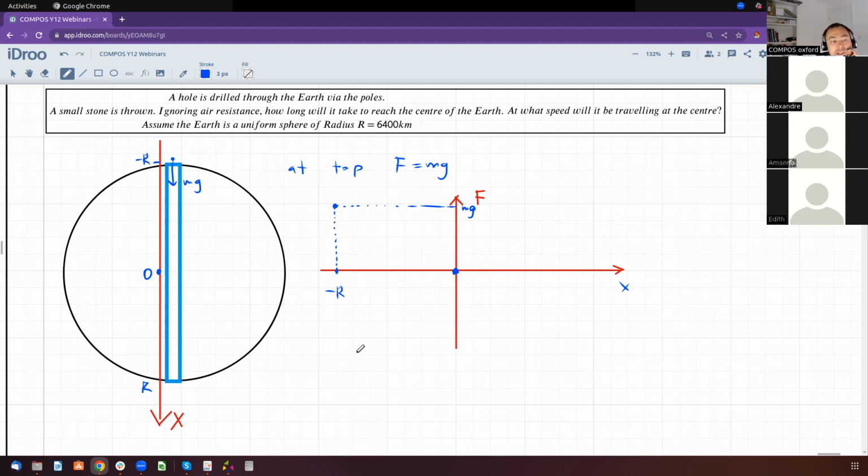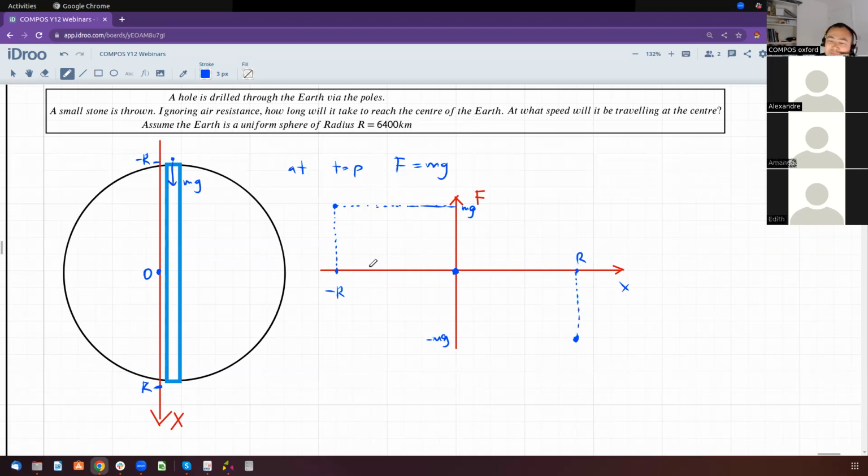And what is the force when you are at the maximum position, when you are at r? Minus mg, yeah, very good. Minus mg.